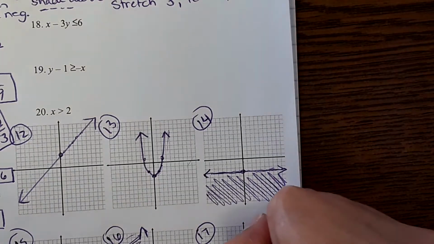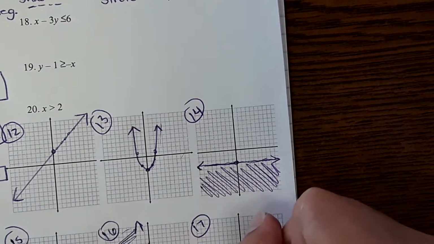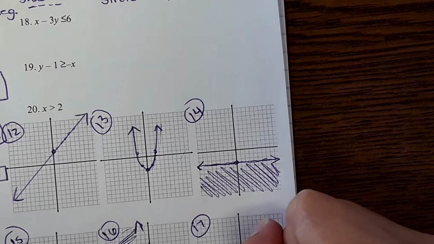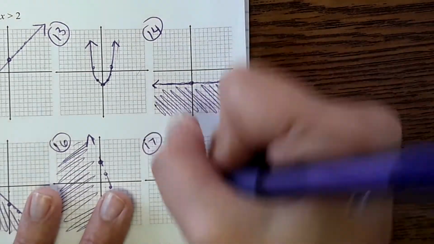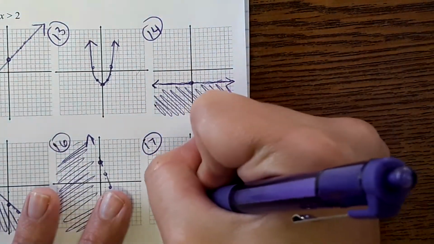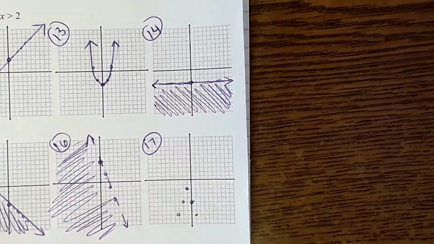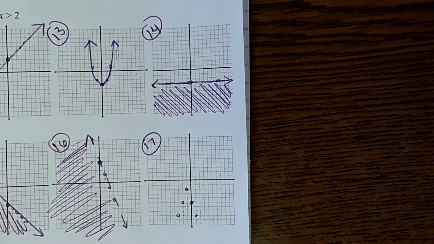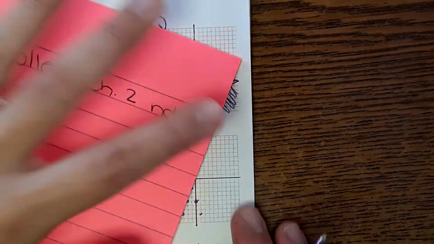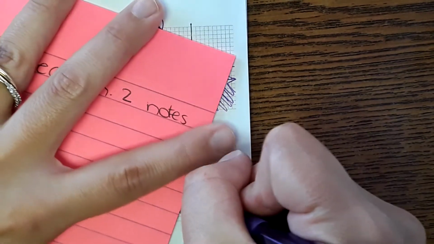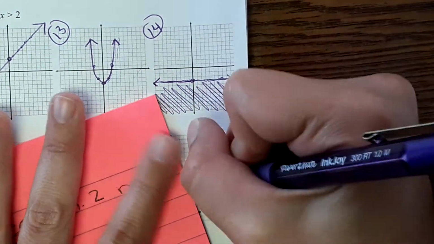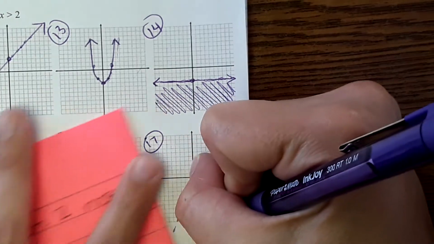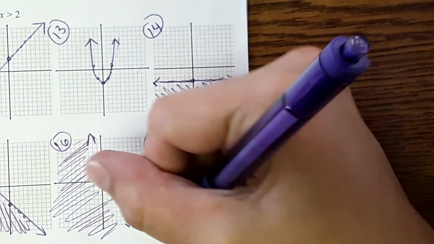So left 1, down 2. And stretch down 3 over 1. And on the other side, 3 over 1. And dotted line. And shade above.